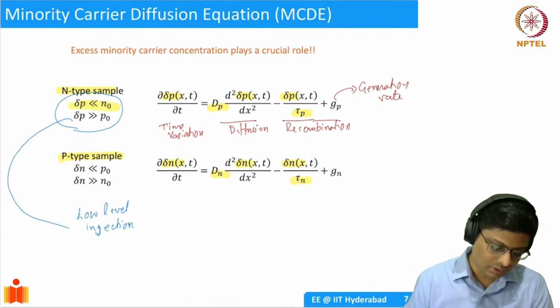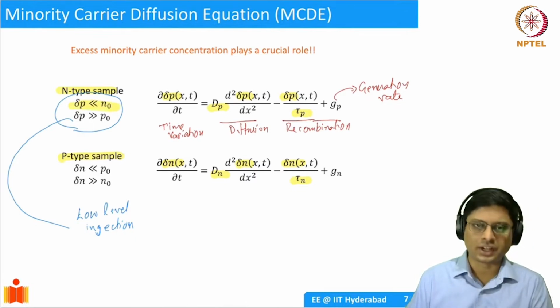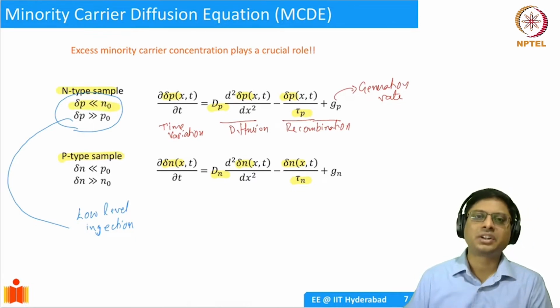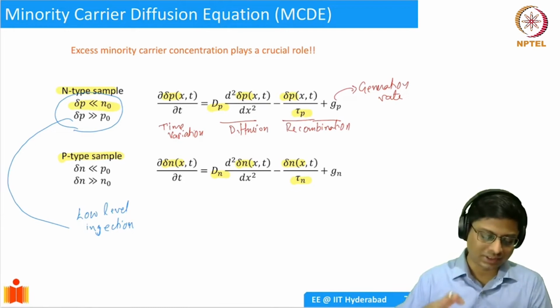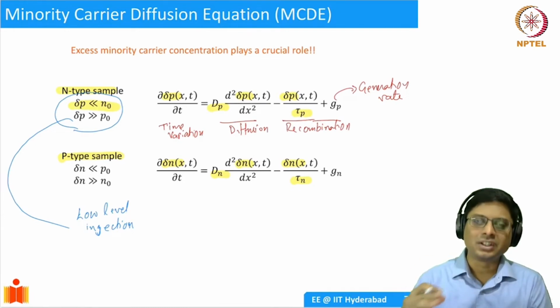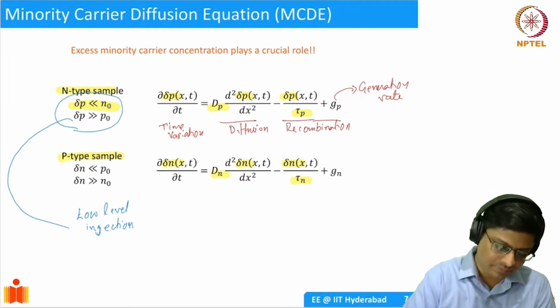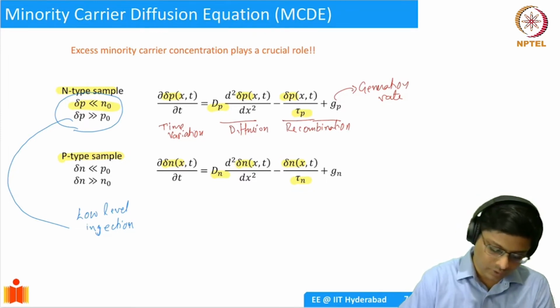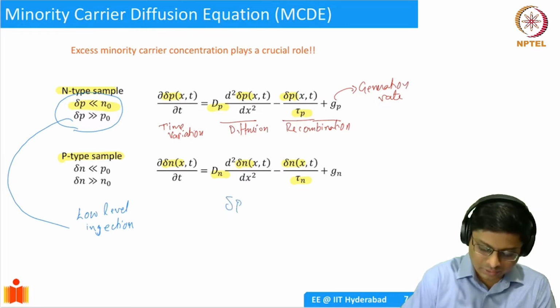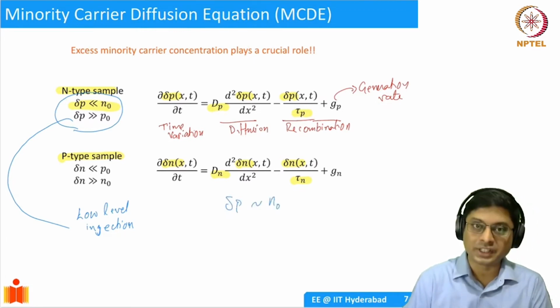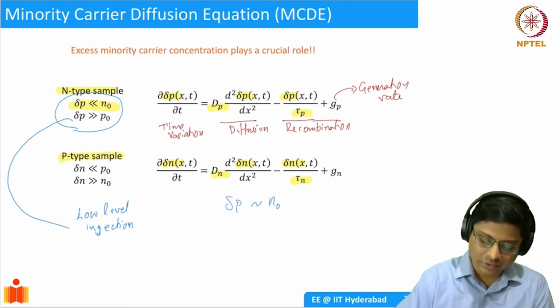The majority carriers are N naught, right? They are significant in number. We are not reaching a level where the minority carriers are reaching that level. Suppose you consider a situation where delta P is of the order of N naught, the majority carrier density, then this is called high level injection.